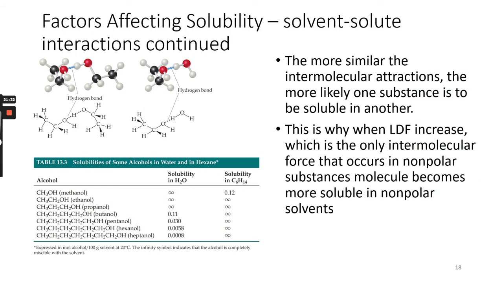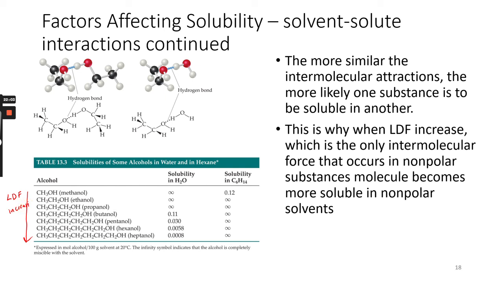So continuing with our solvent and solute interactions, the more similar the intermolecular attractions are, the more likely one substance is to dissolve in another. If it helps you to remember, like dissolves like. So if you look at this table here, all of these have hydrogen bonding. But what do they also have as we're going down? Our London dispersion forces are increasing.